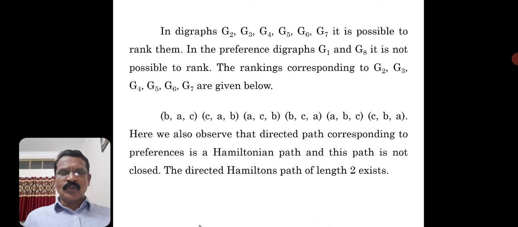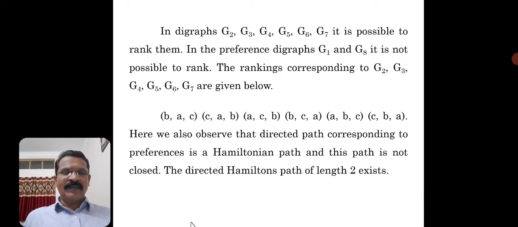Here we also observe that the directed path corresponding to the preferences is a Hamiltonian path, and this path is not closed. So a directed Hamiltonian path of length 2 exists in these cases.